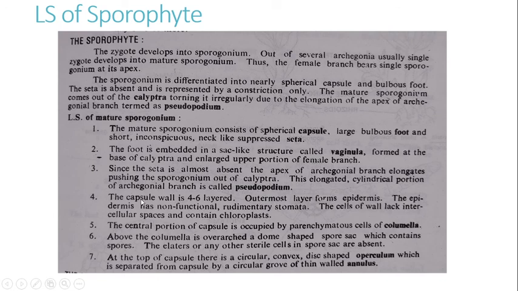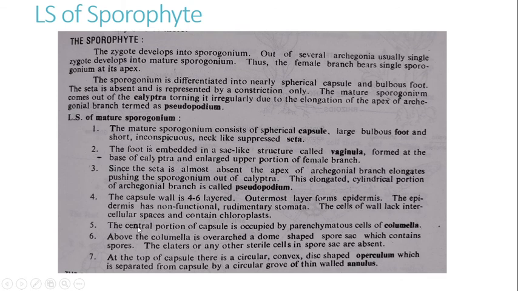The capsule wall is 4 to 6 layered, and the outermost layer forms the epidermis. In the epidermis there are rudimentary stomata, but they are non-functional. And the cells of this wall don't show any intercellular spaces and they show the presence of chloroplast.